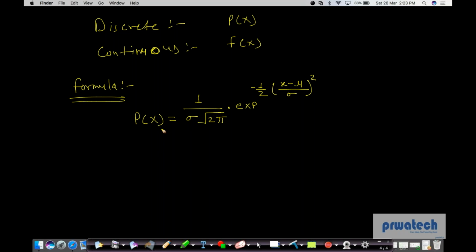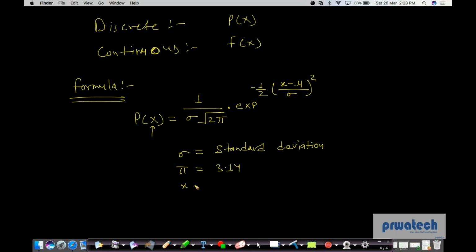What is this? If x is my random variable, mu is the mean, sigma is the standard deviation, and the pi value is by default 3.14. What will be this x?